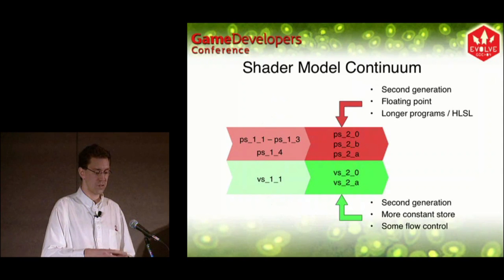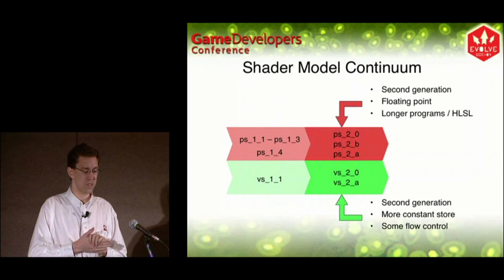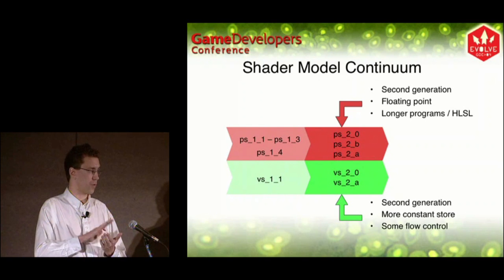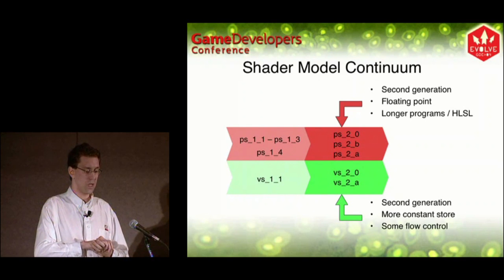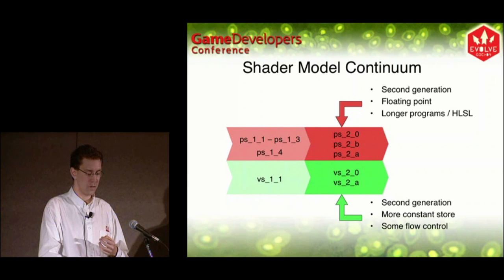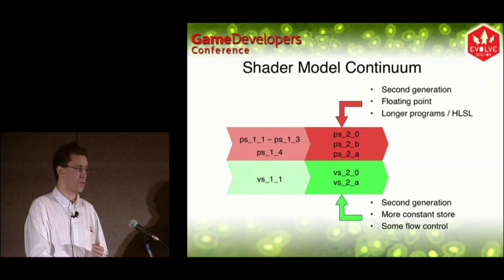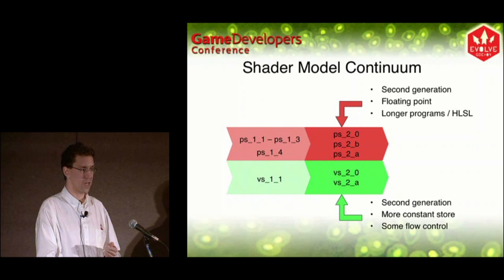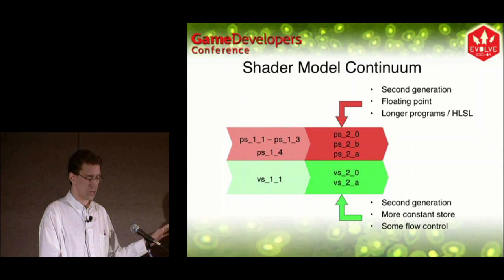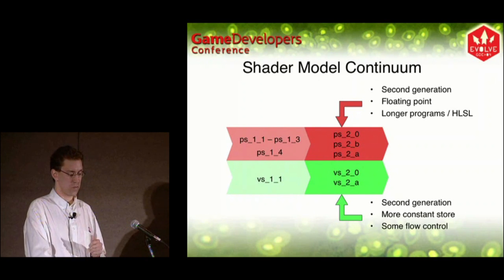In the next generation, we moved to floating point pixel pipelines with longer programs that are generally written in a high-level shading language, and of course also additional targets, PS2.0, PS2B, which is one you're hearing about for the first time now, and I'll talk about that, and of course PS2A as well.